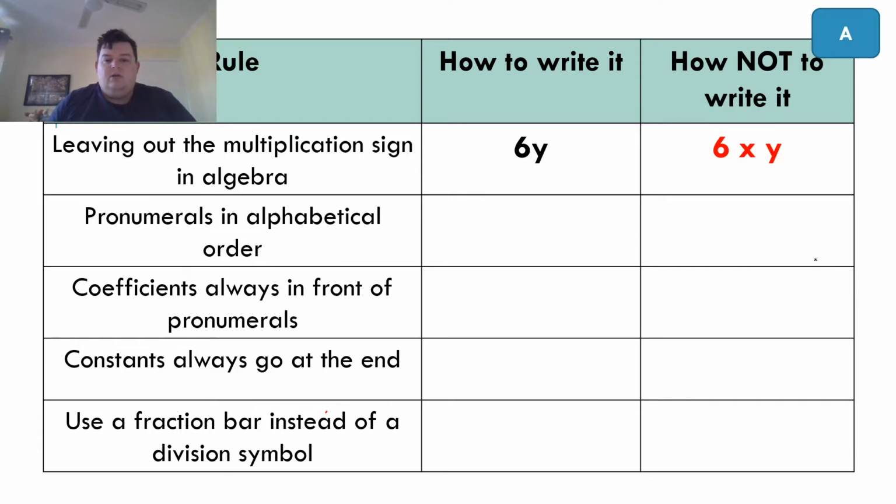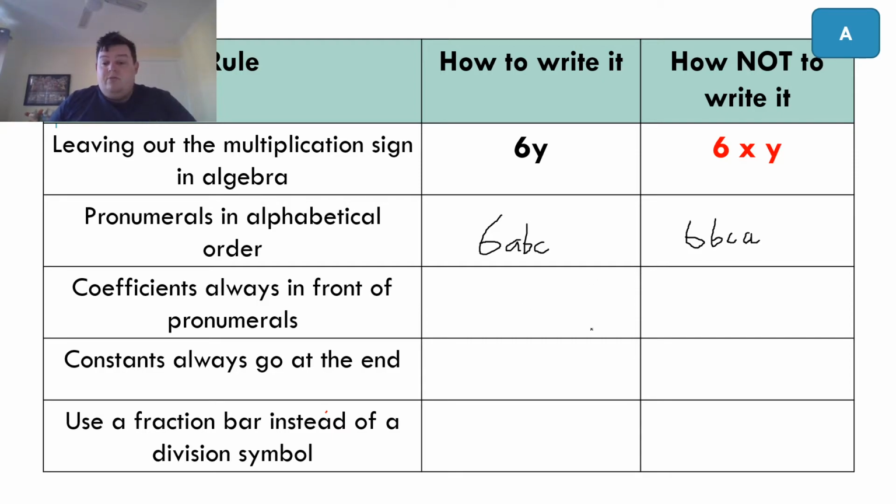Secondly, you want to write your pronumerals, or your variables, in alphabetical order. So if I had something like 6BCA, I should actually rewrite that as 6ABC. You want to get into the habit of writing them in alphabetical order. It doesn't change the value at all, so don't stress about that.